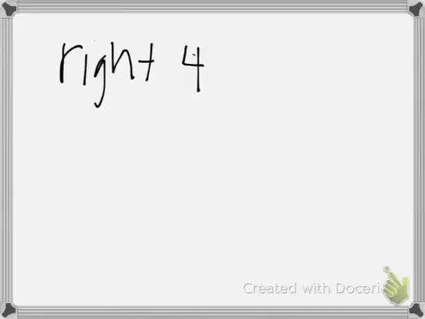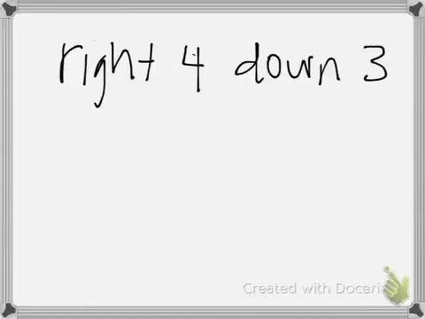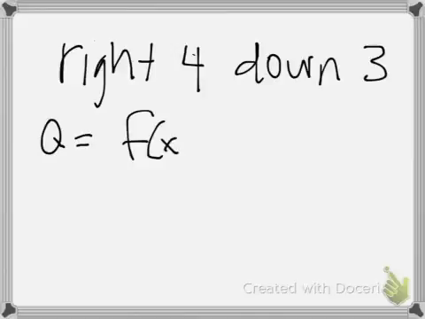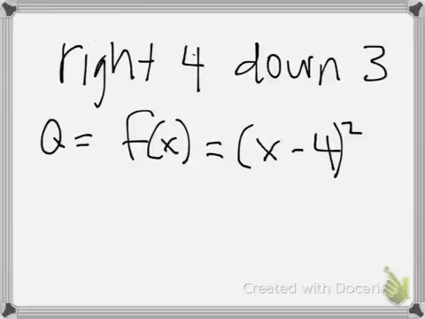So let's say we want to go right 4 down 3. Okay, so if I were to do a quadratic, then it would kind of look like f of x equals (x minus 4) squared minus 3.